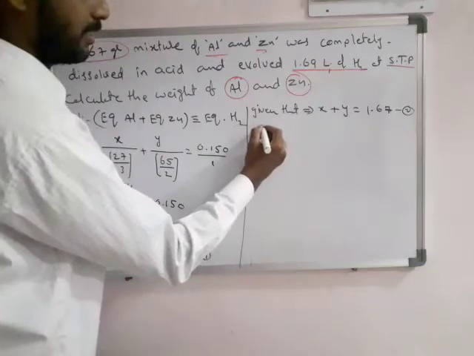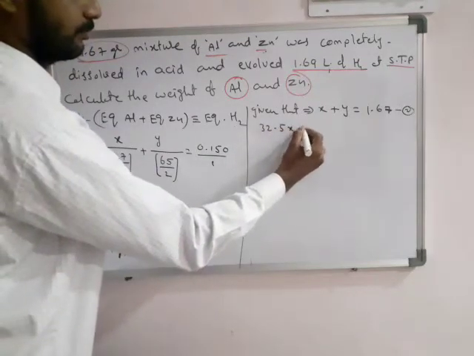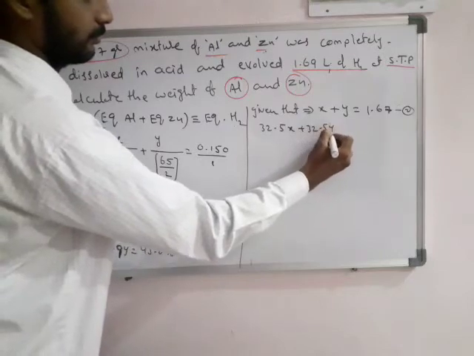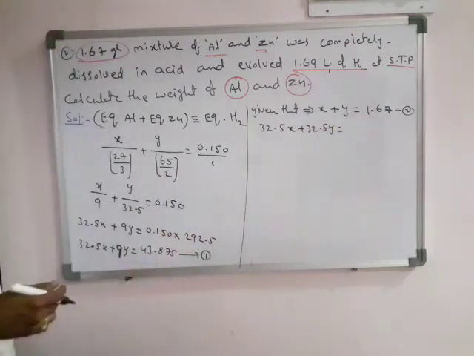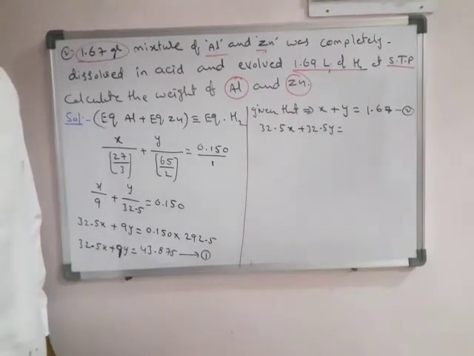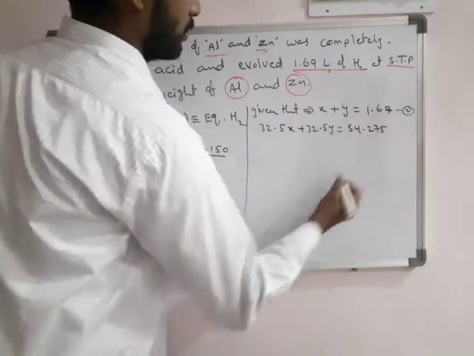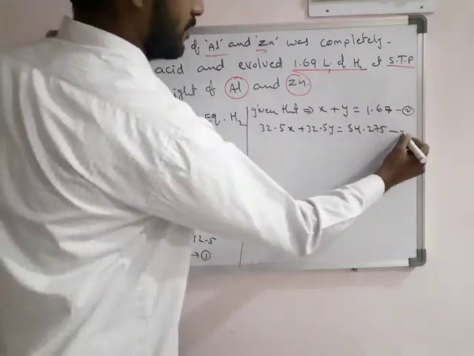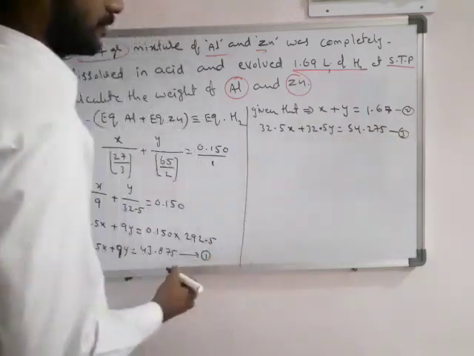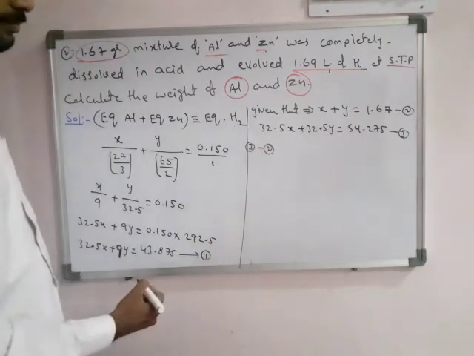So by solving equations 1 and 2, we make some changes in equation 2. Multiply it by 32.5. By multiplying 1.67 into 32.5 we will get 54.275. Say it is equation 3. Okay. Now do equation 3 minus 2.